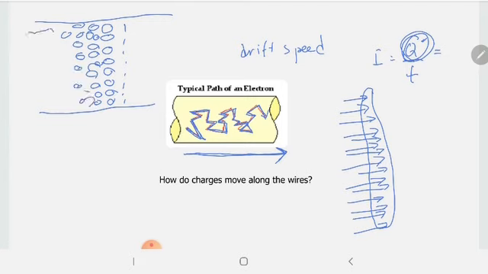And then a lot more. Although mabagal silang gumalaw, take a look at how many will be able to pass through a point in the race or in the racetrack. But that's a lot of turtles passing through. So you can still have large amperes of current.